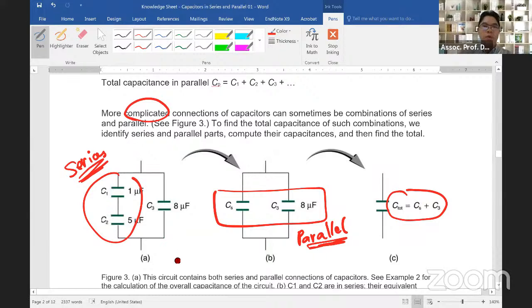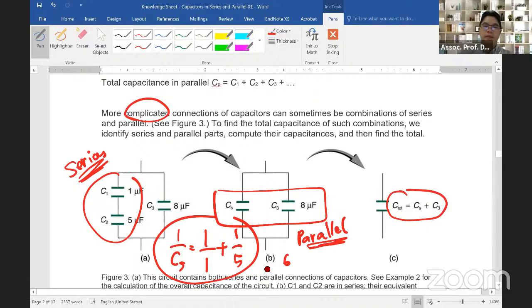1 divided by CS will be 1 divided by 1 plus 1 divided by 5. So you calculate this one first, and then you get 6. Then CS will be 5 divided by 6, and you put the value here.